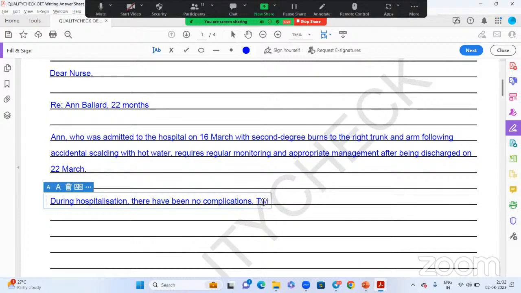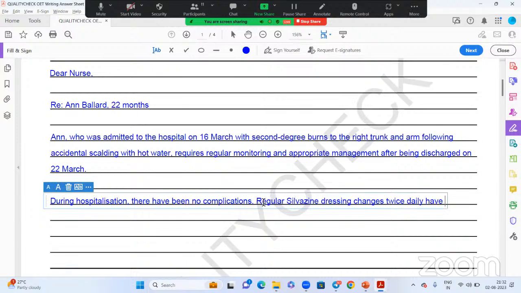Regular silvazine, with a capital letter since it is a brand name, regular silvazine dressing changes twice daily.